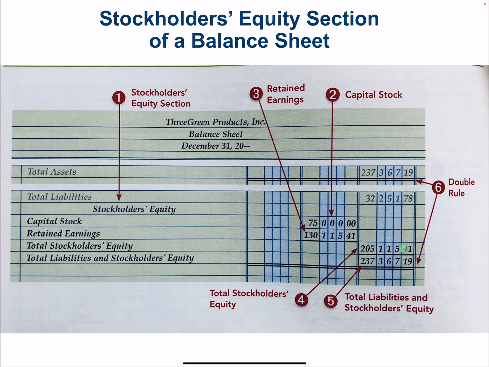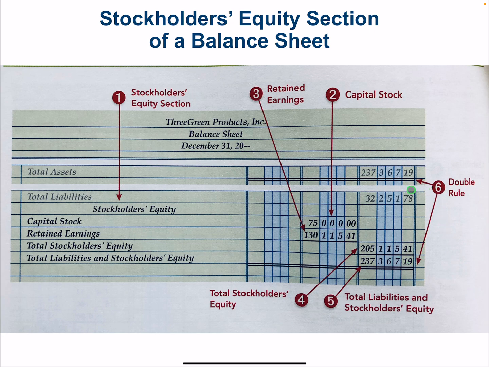We'll add those 2 together for our total stockholders' equity. Then we will add our liabilities plus our stockholders' equity, and we'll come up with our total liabilities and stockholders' equity. When we are all done, our total assets should equal our total liabilities and stockholders' equity.